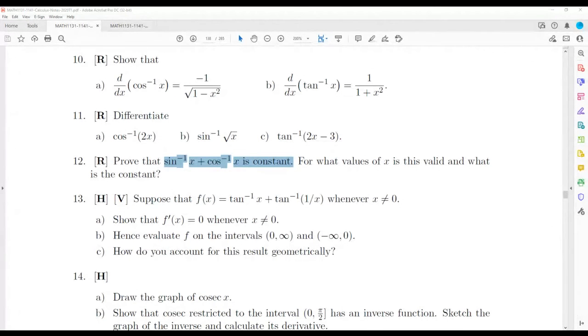So how can you do that? Can anyone suggest what you might do in the chat? What might be a strategy for showing a function like this is constant? Who can let me know in the chat?